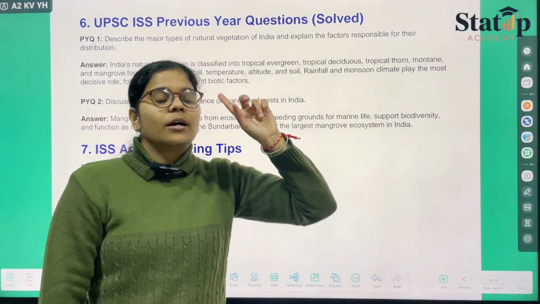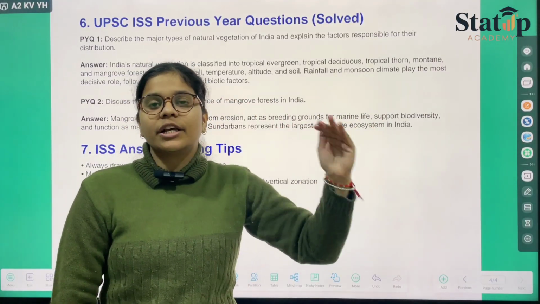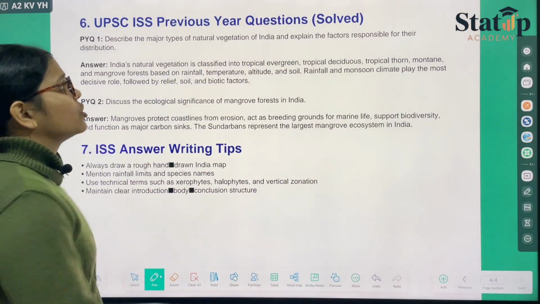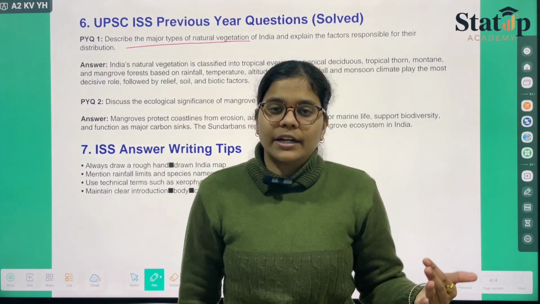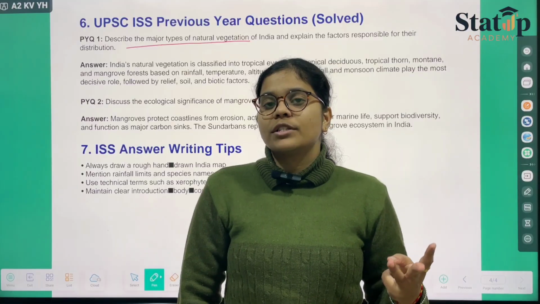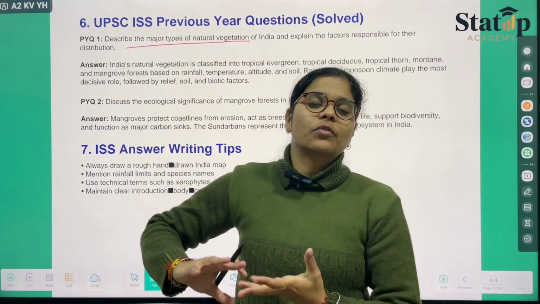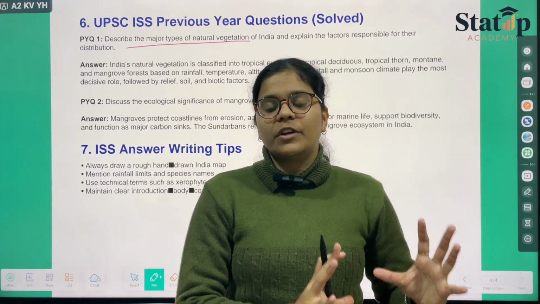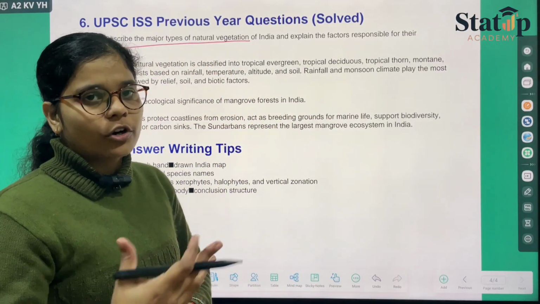The first part of this PDF contains every single point that is required in this question. So you can mention the natural vegetation, what major types of natural vegetation are found, and what the factors were. Factors were the rainfall, the climatic factors, the type of soil, and edaphic factors were also there. So all those factors you can mention along with the altitude and the temperature conditions that were varying, due to which the natural vegetation of India has also shown variation. So those factors you can of course mention.